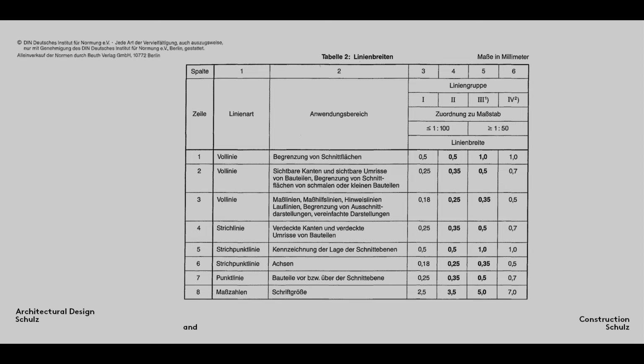The line weights used in construction drawings are listed in Table 2 of DIN 1356-1. The Line Group 3 column specifies the weights to be used in 1 to 50 scale drawings.